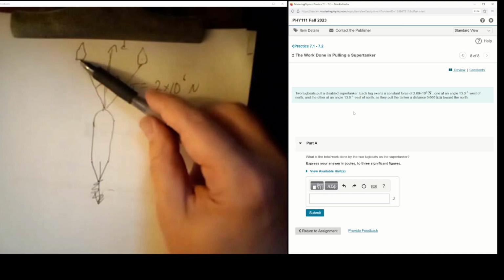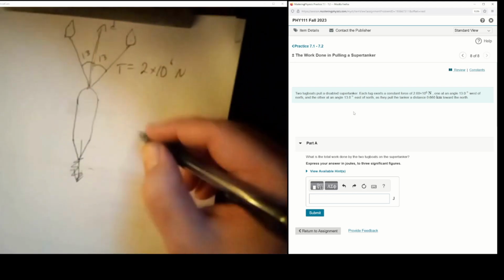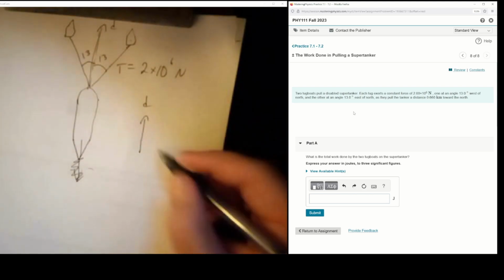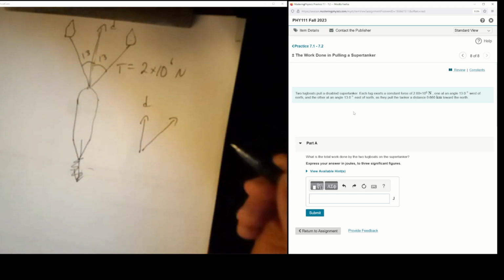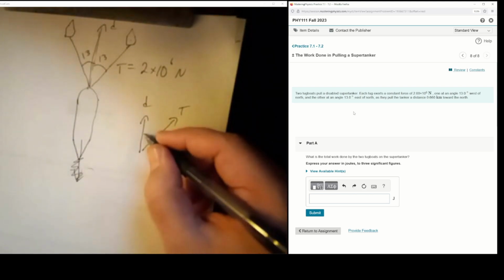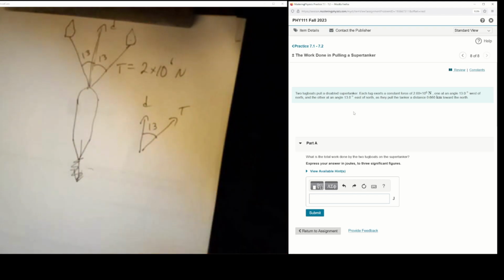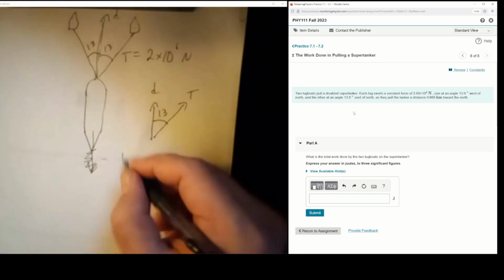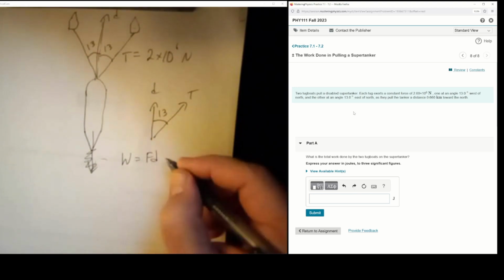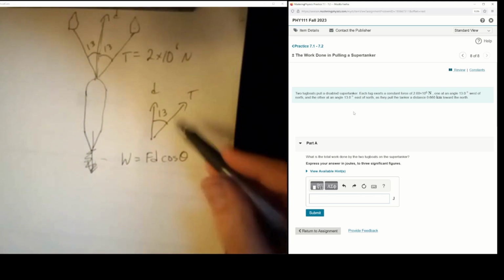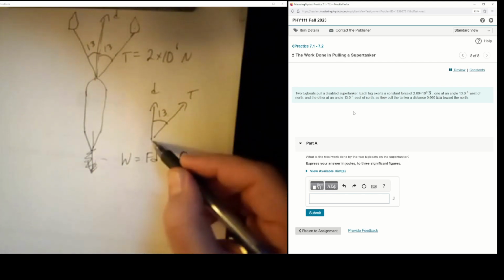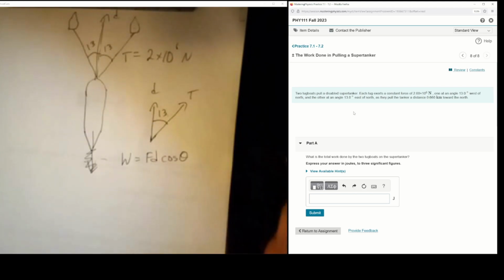And these tensions are kind of off to the side. So here is our displacement, it's up, and I'll just look at this right tension. There it is, and the angle between them is 13 degrees. This is the angle for our work. When we look at work, F d cosine theta, theta is 13 degrees, the angle between these vectors connected tail to tail.